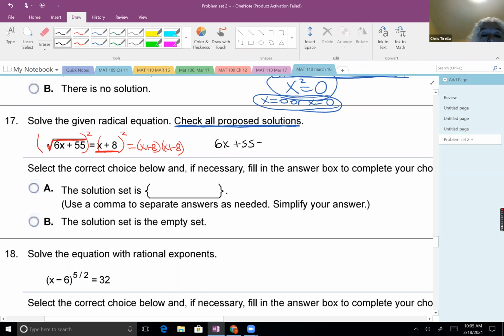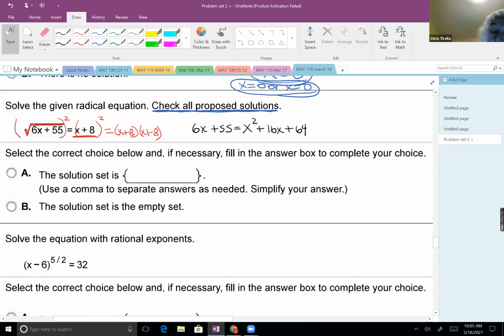When I square that x plus 8, I'll get x squared plus 16x plus 64. And now we have a quadratic. We have a whole bunch of methods of solving the quadratic. I don't think we're going to start by using the square root property. So let me go ahead and put it in standard form, making one side 0.